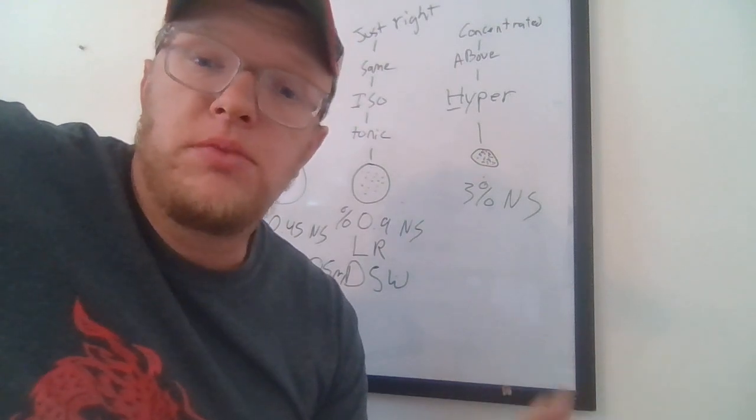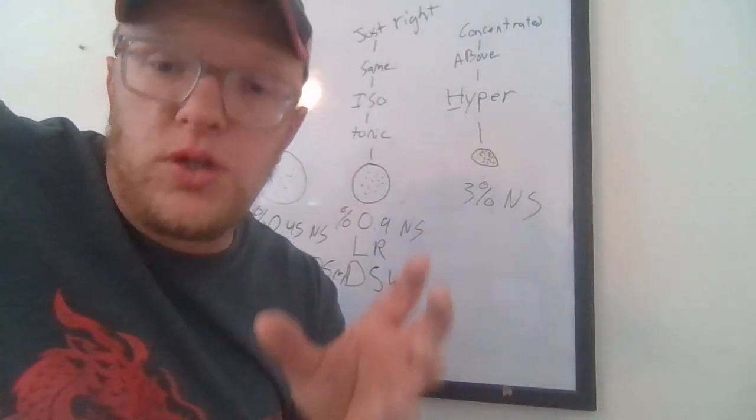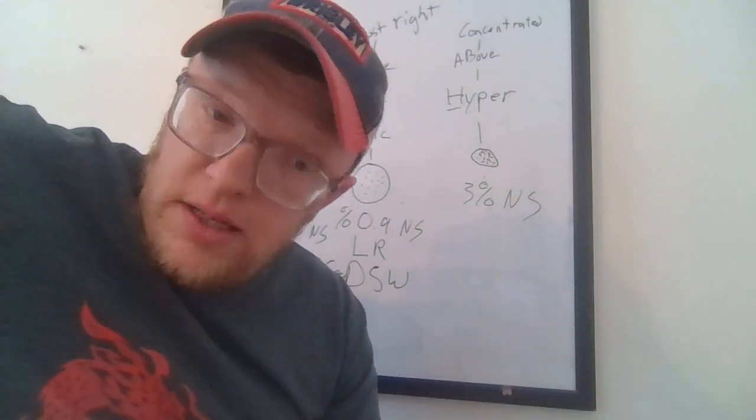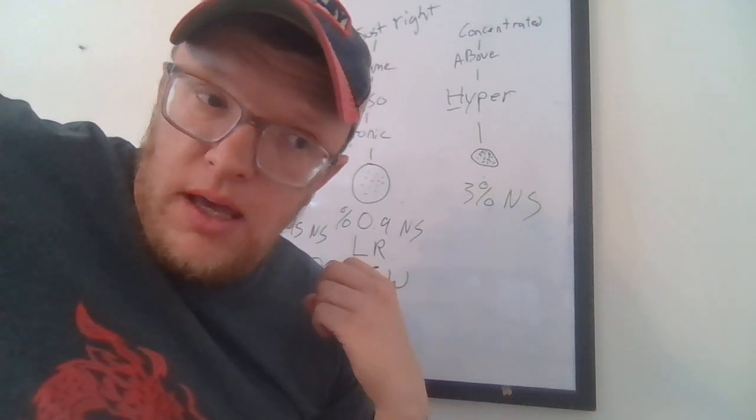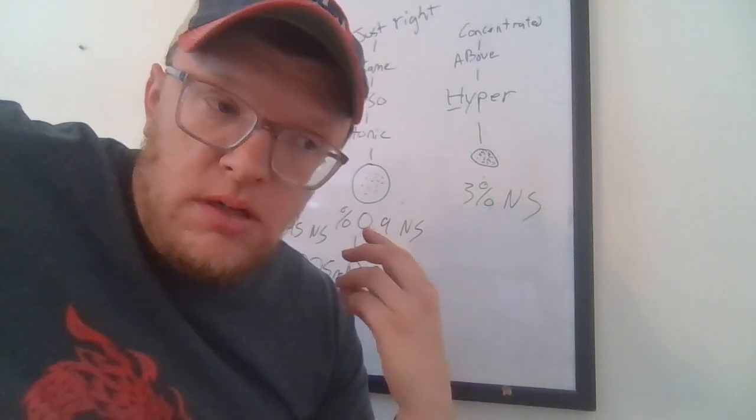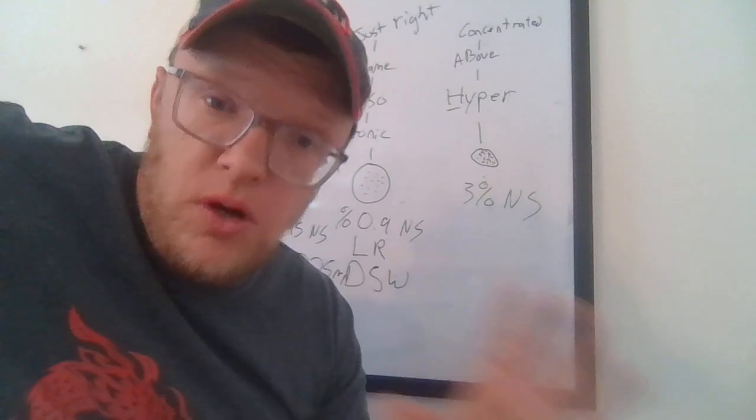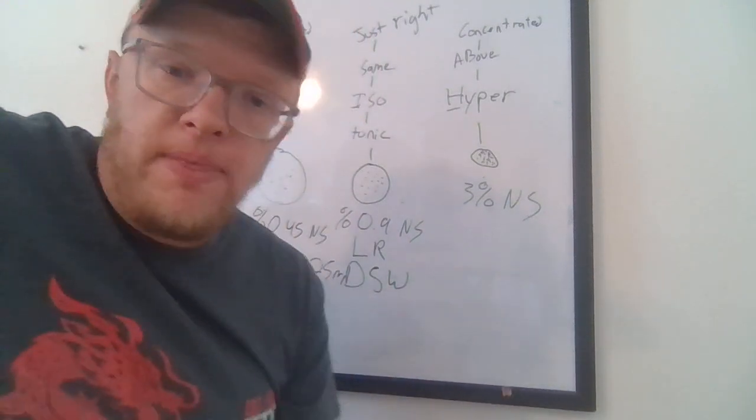Just to make it real simple, it's too much fluid in the body or too little. And we've got to know what that looks like, why it's dangerous, and how we treat it. If you know that, you're in good shape. So I'm going to erase this and we're going to get into those two.